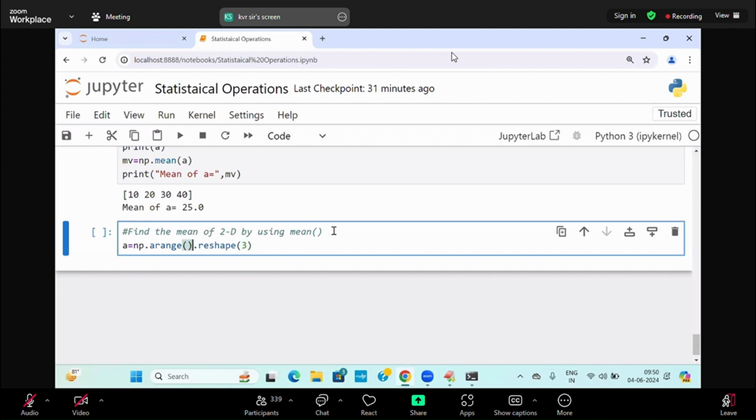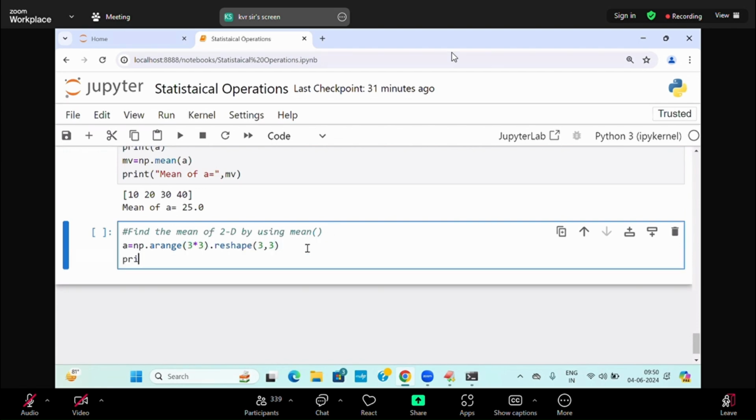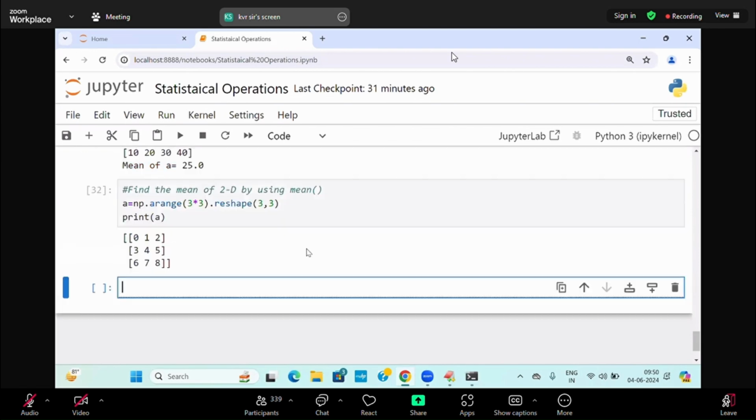Something like 3 comma 3 I want. 3 into 3, 9 I can say. Print of A. This I want to find the mean.